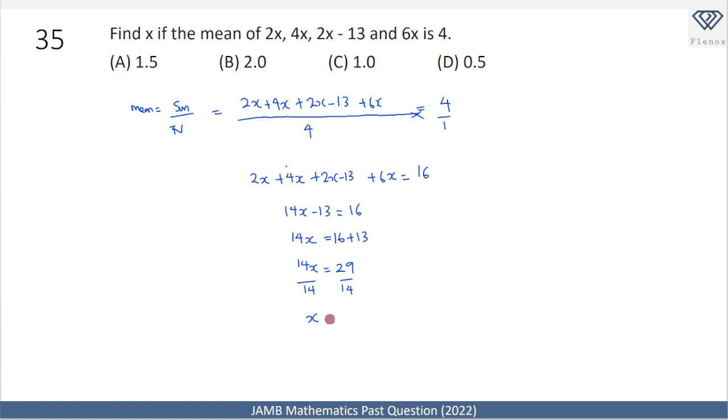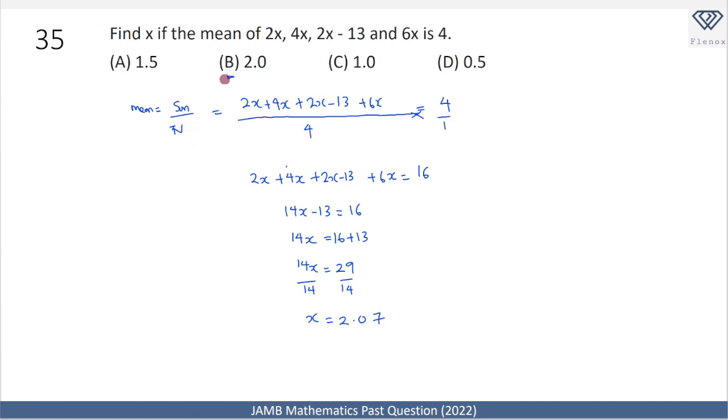Precisely, we have 29 divided by 14, which is 2.07. But the closest option that we have to that is going to be option B in this case. So the correct answer to question 35 is B.